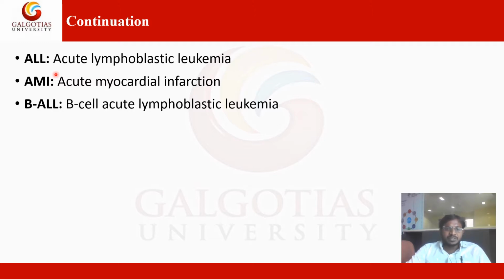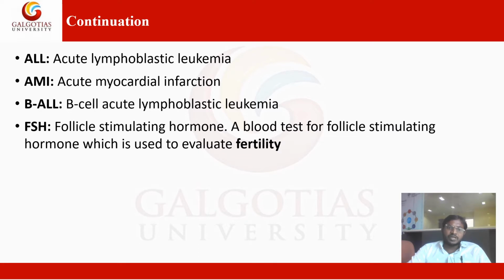We already know ALL, acute lymphoblastic leukemia, and they are adding B cell. The B cell is also one of the immune cells. Destruction of immune cells by a cancerous condition is called B cell acute lymphoblastic leukemia. Doctors write only B-ALL.